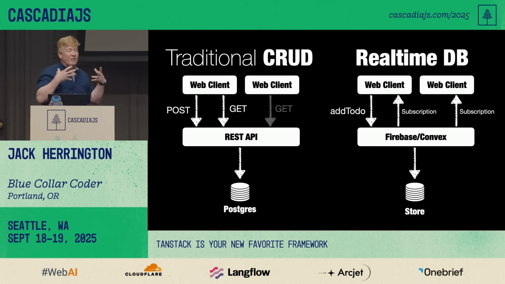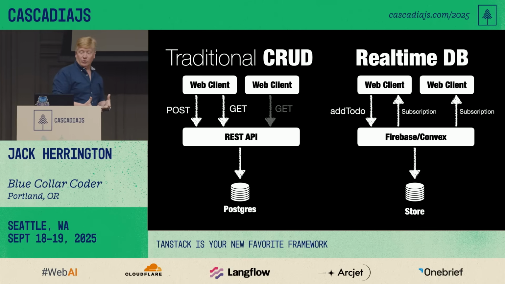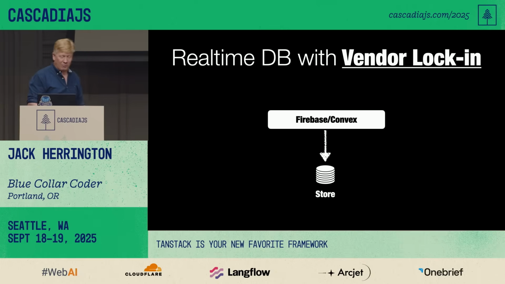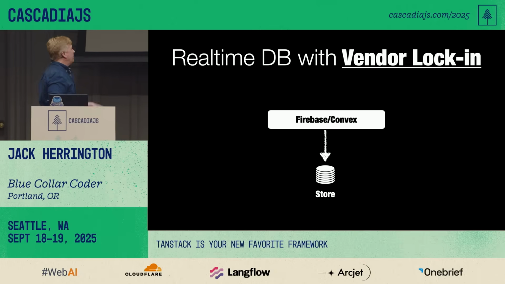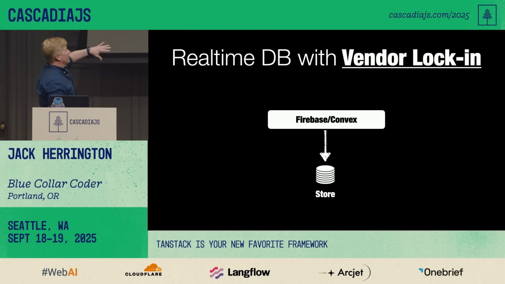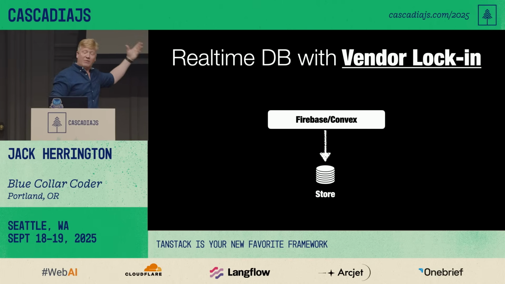So it's just a fantastic way to do database stuff that doesn't suck. So the problem with this is that real-time DBs are great, but they also kind of lock you into a vendor. If you're writing Firebase code, you're writing Firebase code. If you're writing Convex code, you're writing Convex code.